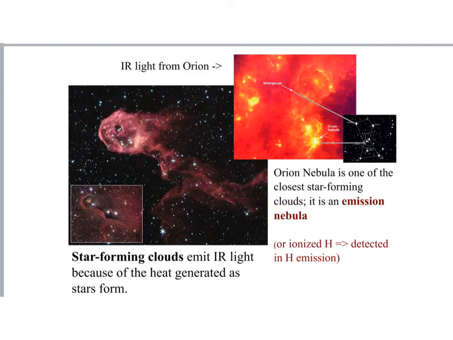All right, so here are some examples of what happens when stars are born. And we're going to talk a little bit about one of the closest star-forming clouds, or star-forming regions. And that exists right here, just under the Orion belt. So this is the Orion Constellation.